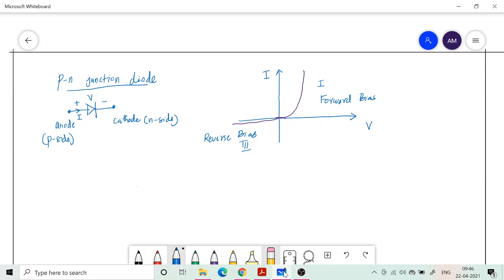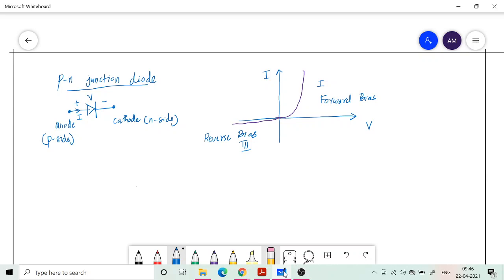Suppose we are using a silicon diode, which we normally use in semiconductor based circuits. So we mostly prefer silicon because it has lots of advantages, which you might have come across in the previous course. The cut-in voltage. Cut-in voltage is defined as the voltage at which the current does enter into milliampere regime.